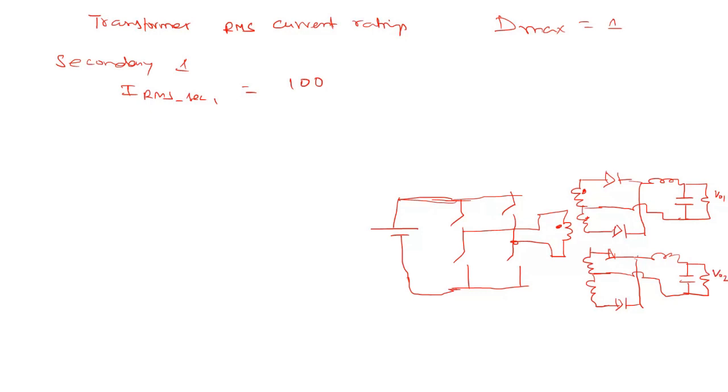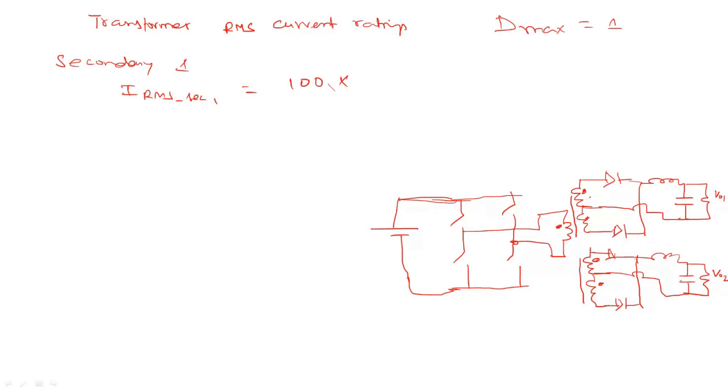VO2, and the L and C values we calculated. Once again, the dots are like this, and just to indicate that they're all on the same core, you can just put something like that. They indicate that all these windings belong to the same core.